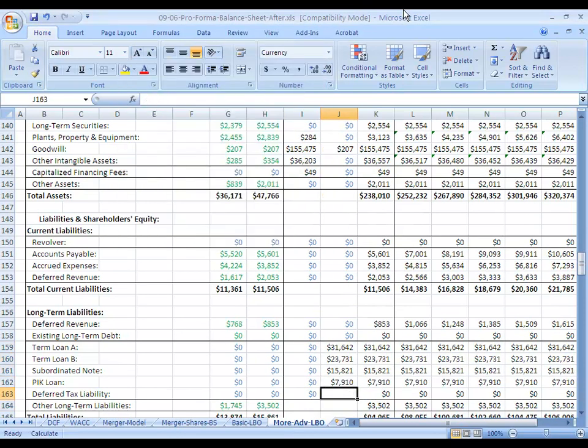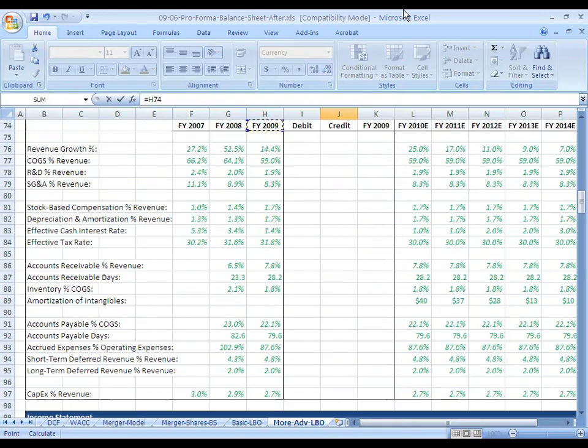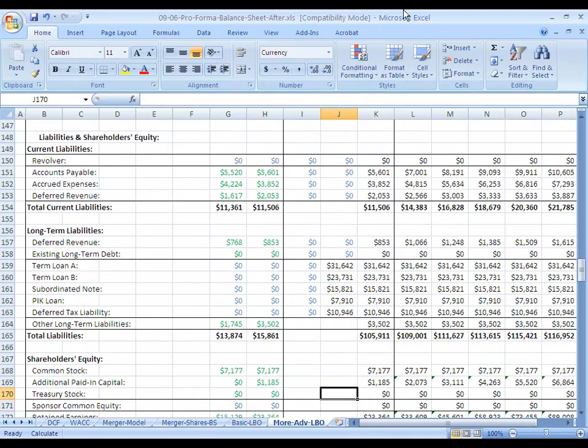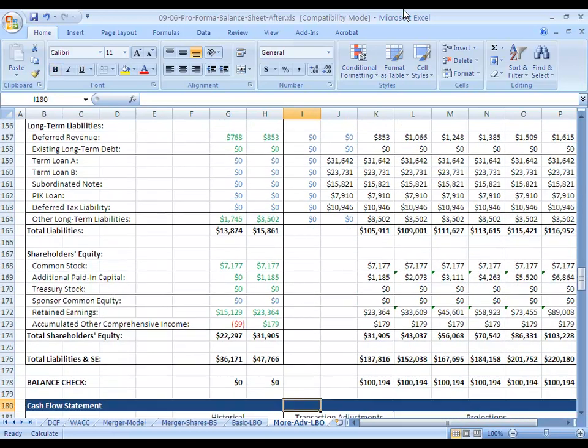For the deferred tax liability, I'm going to go up to our goodwill and purchase price allocation schedule and pull in the new deferred tax liability directly from there. Other long-term liabilities, we're not going to change at all. So that's it for our liabilities.